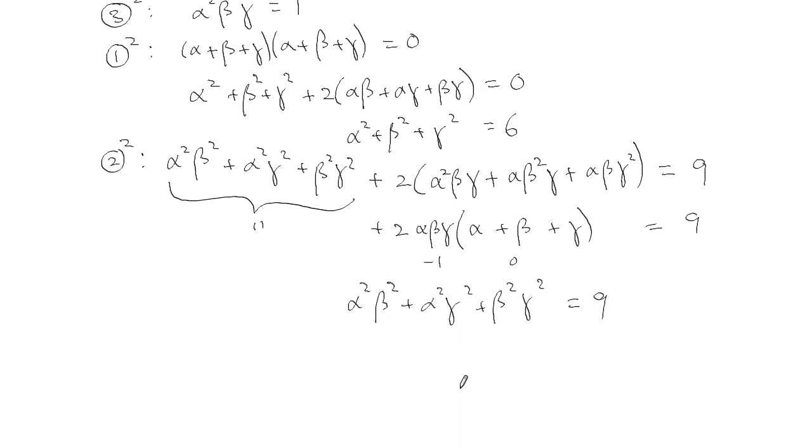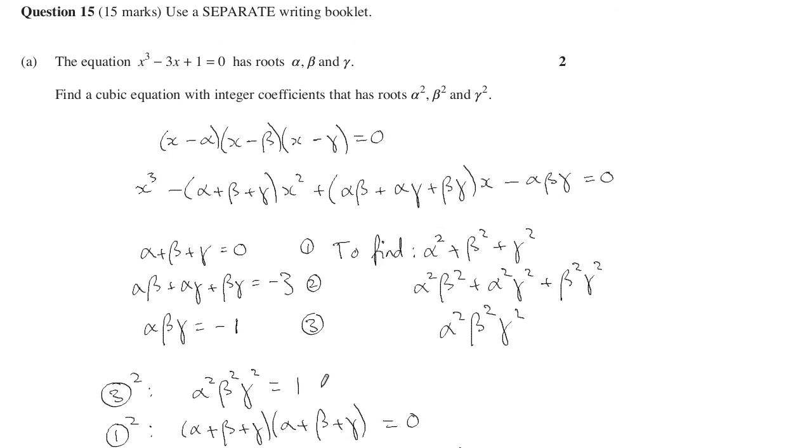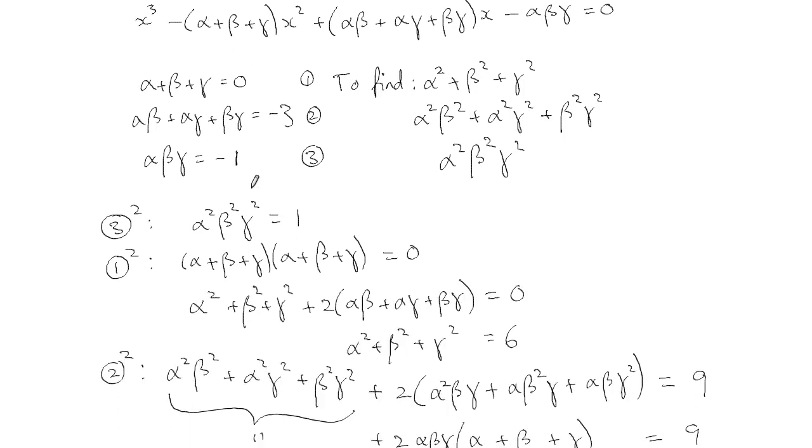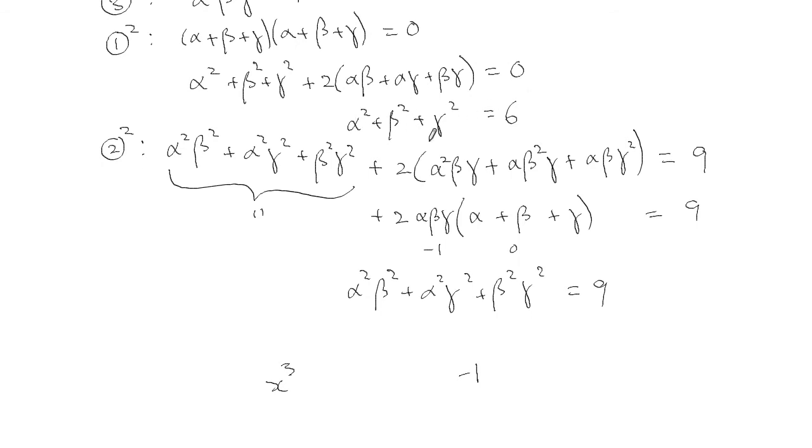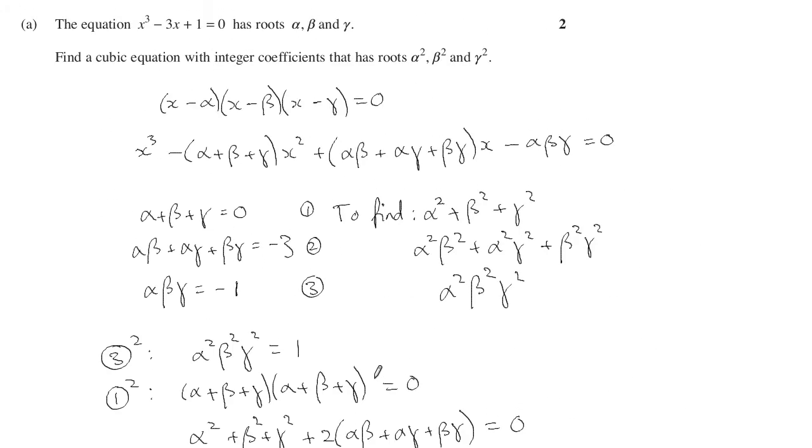So negative 1 at the end. We have an x cubed. The coefficient on the x squared is going to be the one that's like that. So there it is. And it's negative because of the negative when you do the expansion.